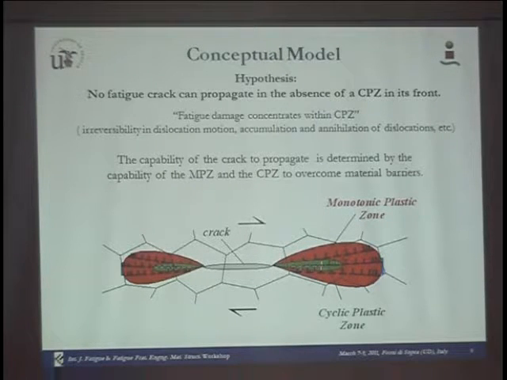Then we can say that the capability of a small crack to propagate in a polycrystal is determined by the capability of the monotonic plastic zone and the cyclic plastic zone to overcome the successive microstructural barriers.